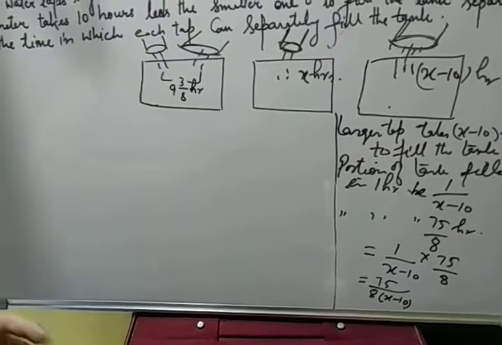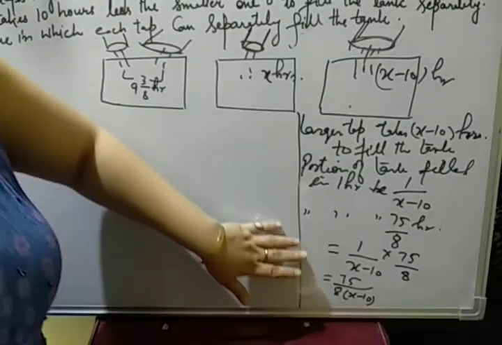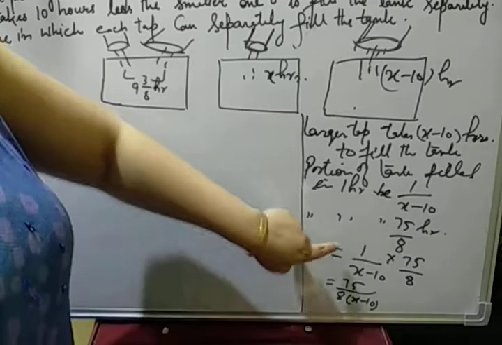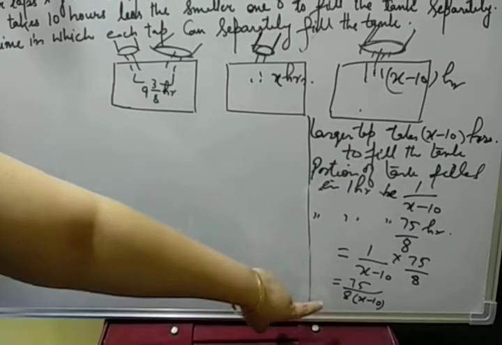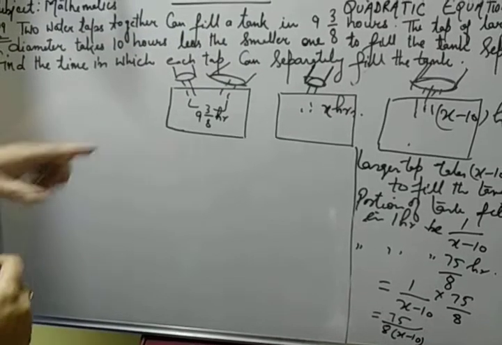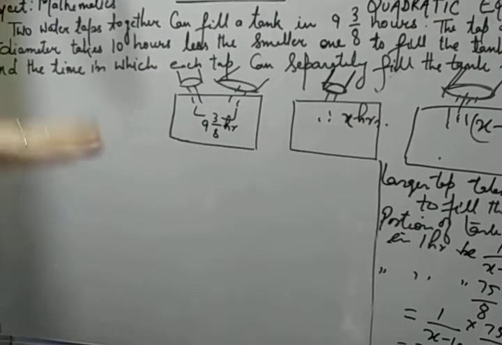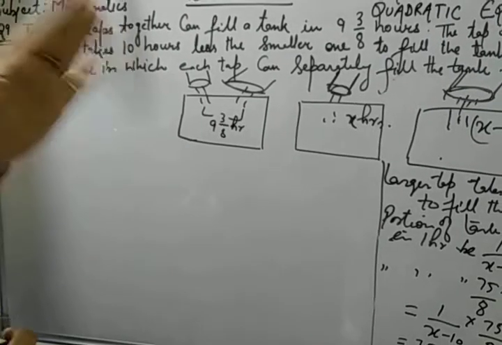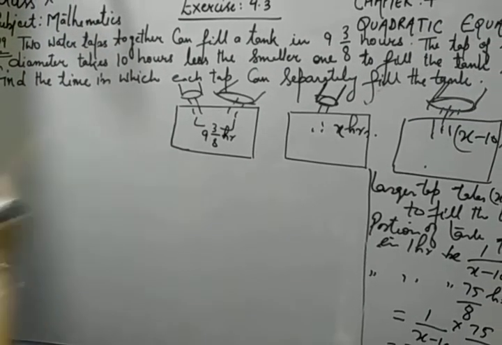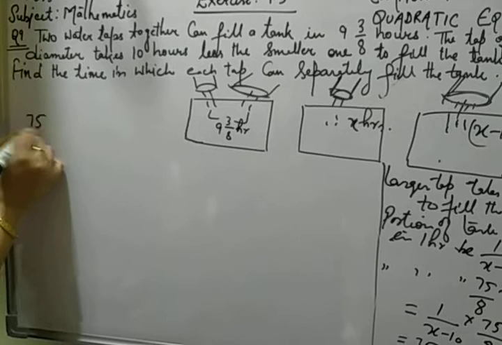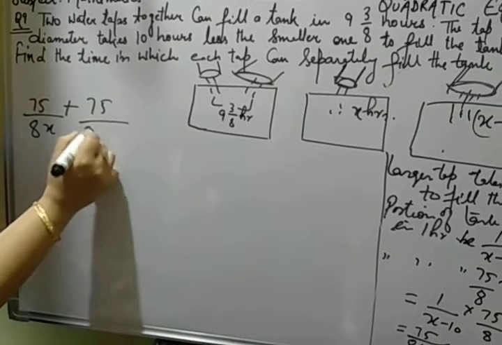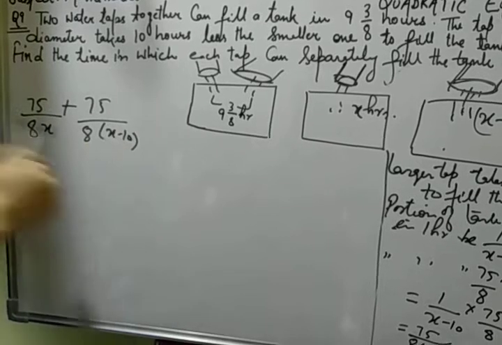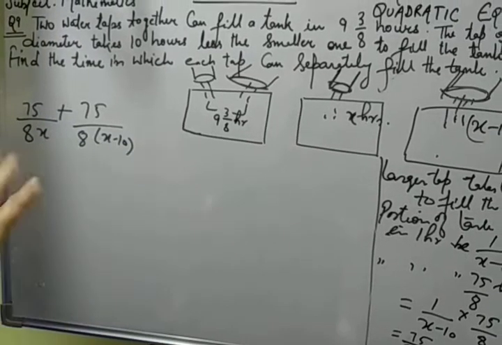Now the smaller tap fills 75 upon 8x portion, and the larger tap 75 upon 8 into x minus 10. Now we have to find the value of x, because we have to find the time in which each tap can separately fill the tank. 75 upon 8x plus 75 upon 8 into x minus 10 is the portion filled by both the taps to fill the whole tank.